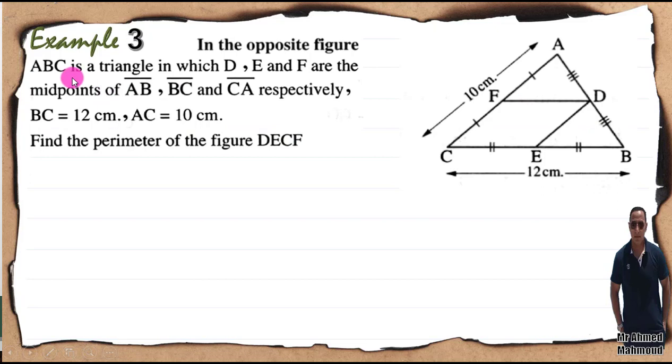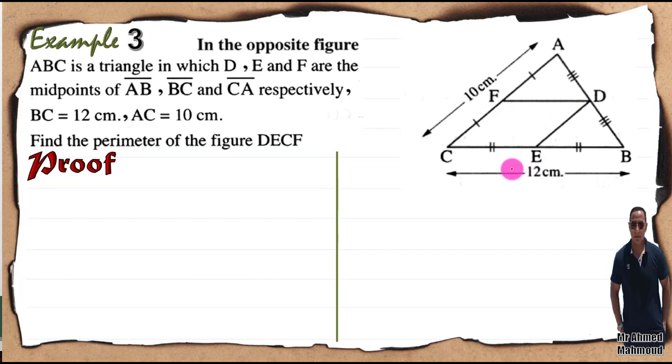In this example, in triangle ABC, D and E and F are midpoints. BC equals 12 and AC equals 10 centimeters. Find the perimeter of DECF. Okay. First, here DECF. Here F and D are midpoints.